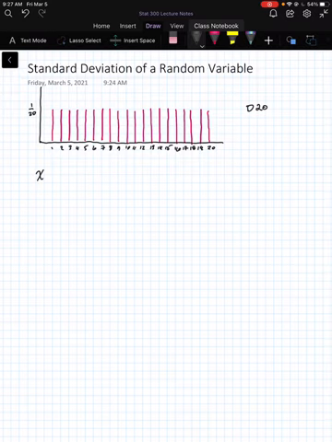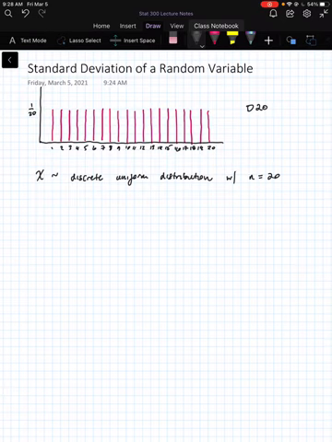So if we think of the random variable represented here, this has the discrete uniform distribution with parameter n equals 20. Okay, the squiggly line that I drew here can be read as "is distributed as." In other words, has the distribution that we're describing right now.